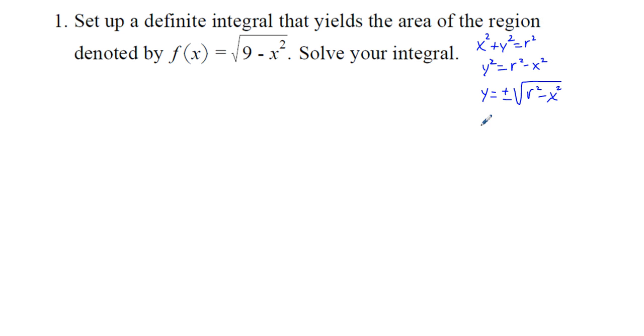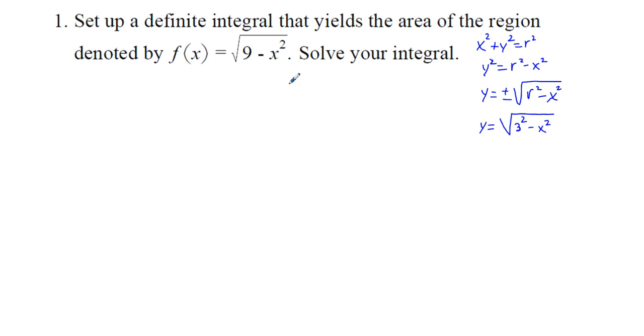In this case, we have f of x equals the square root of 9 minus x squared, and 9 is equal to 3 squared. The plus will be a semicircle above the x-axis, the minus will be a semicircle below the x-axis. This demonstrates that we have a semicircle with a radius of 3.